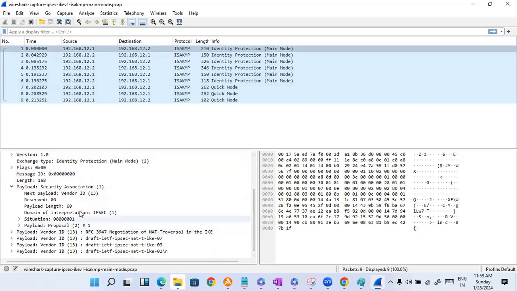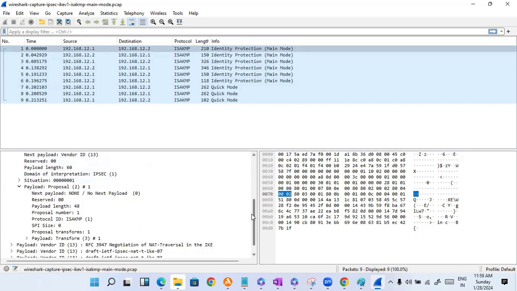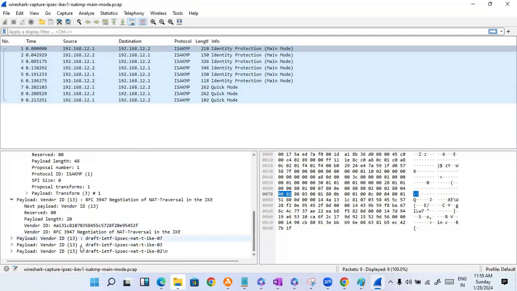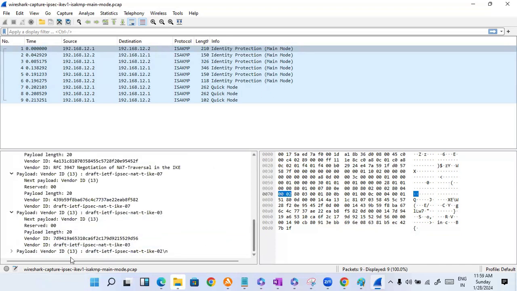This here is the security association, and I wanted to show you what attributes they share during the negotiation. Net values, payload transfers.